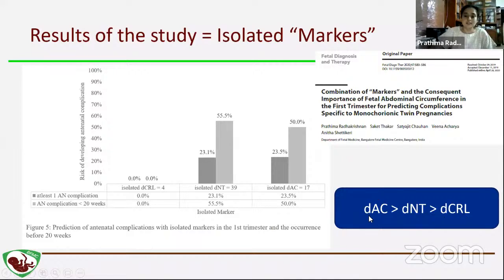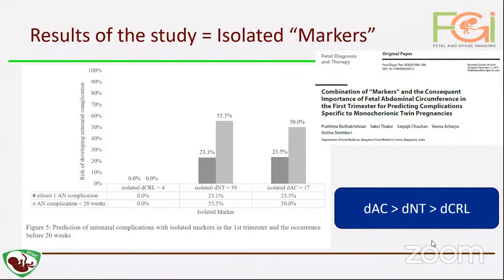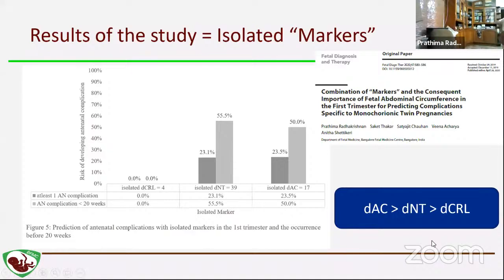Coming to isolated markers, looking at the accuracy of discordant abdominal circumference, discordant NT, and discordant CRL, the discordant abdominal circumference performed better than nuchal translucency and crown rump length. So when it comes to isolated markers, the abdominal circumference performed better than discordant NT or discordant CRL.